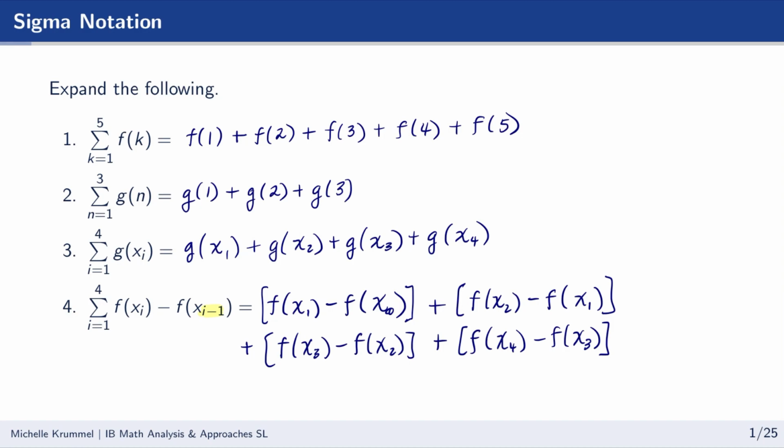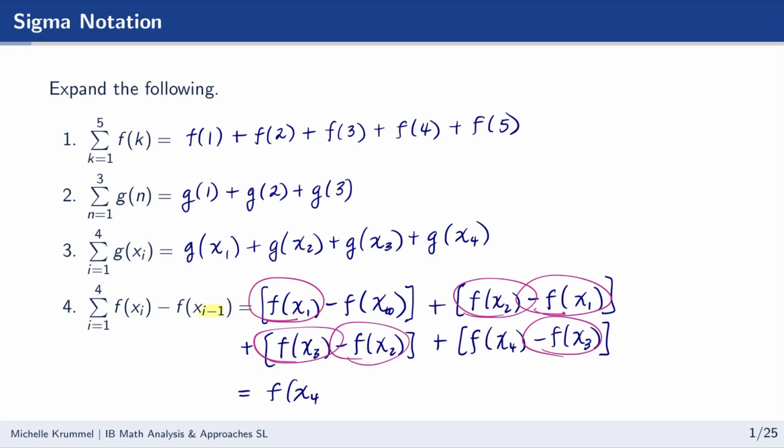If we notice, for example, we have f of x sub 1 here and minus f of x sub 1 here, that's going to equal 0. And we have f of x sub 2 minus f of x sub 2, that's going to equal 0. And we have f of x sub 3 minus f of x sub 3, that's also going to equal 0. So we can simplify this to just f of x sub 4 minus f of x sub 0.